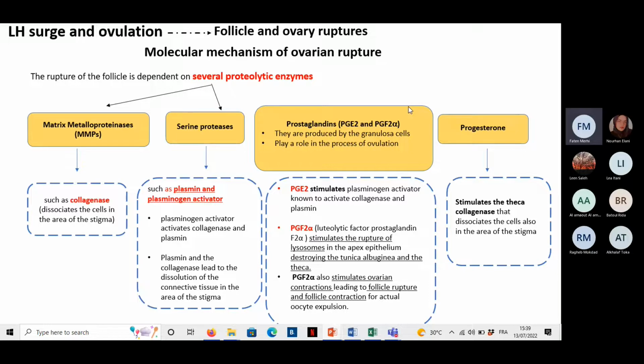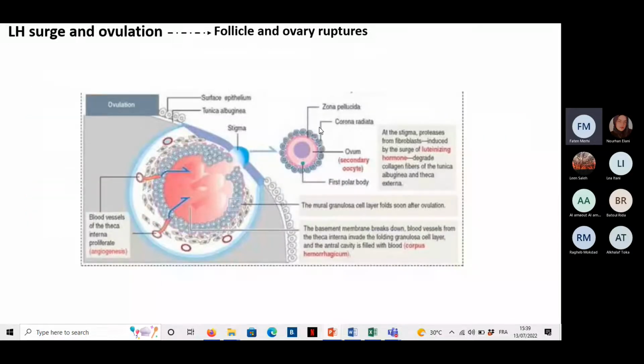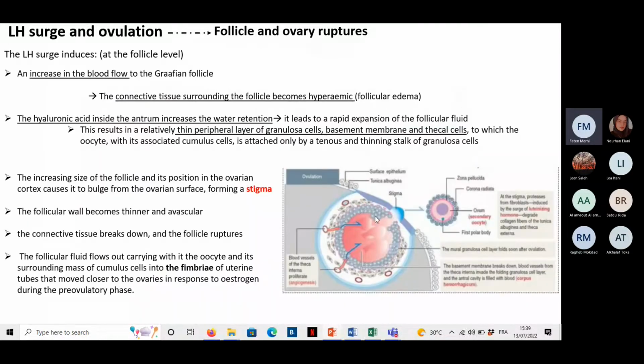Now, how do we have the follicular rupture? I was talking a little bit in general, and we had enzymes that will digest the tunica albuginea, and a rupture of the ovarian epithelium, plus a little bit the connective tissue between the theca cells.